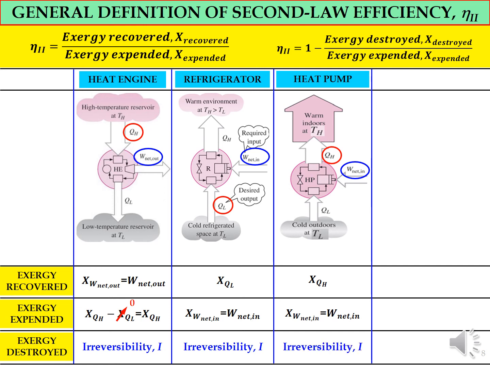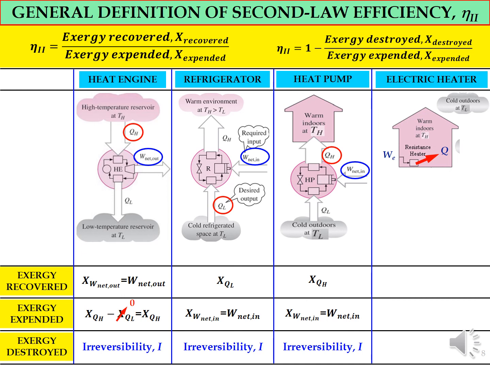Exergy destroyed is the irreversibility. For the electric heater, XQ is the exergy recovered, and X equals the work electric in, which is the exergy expended, and the exergy destroyed is the irreversibility I.